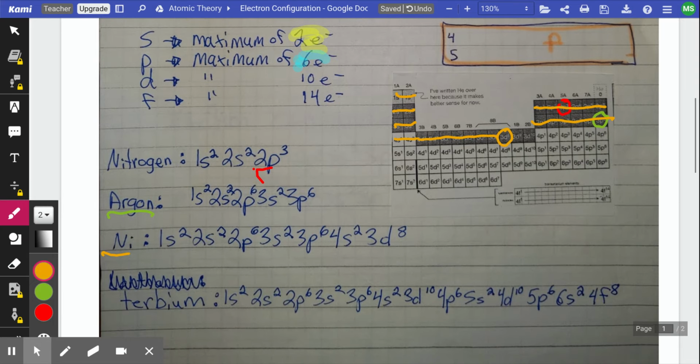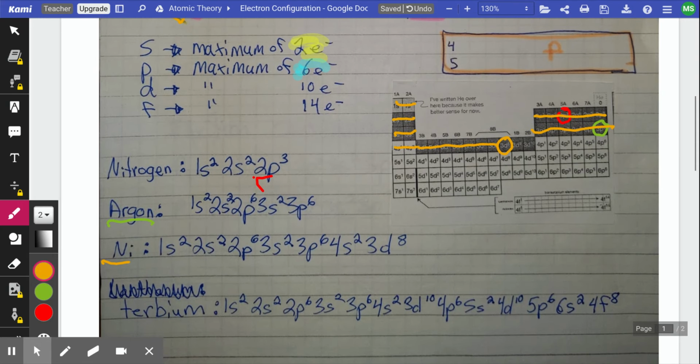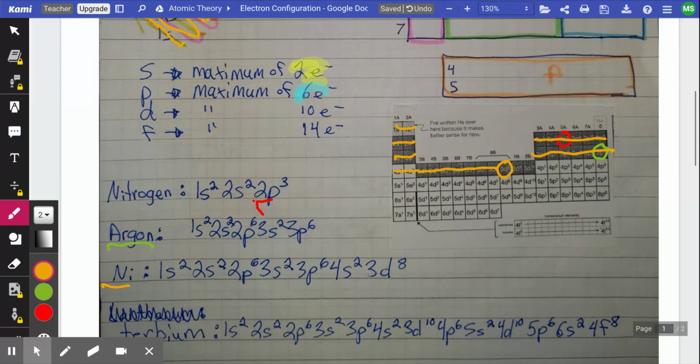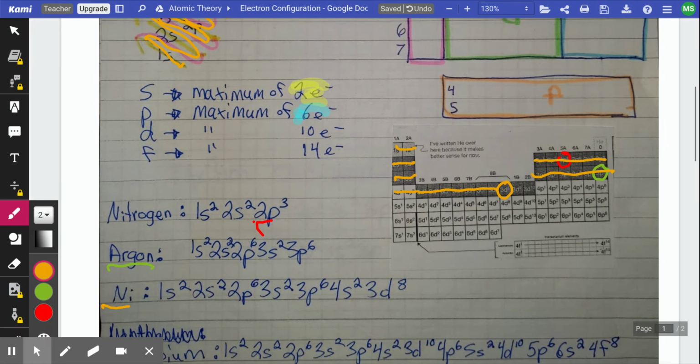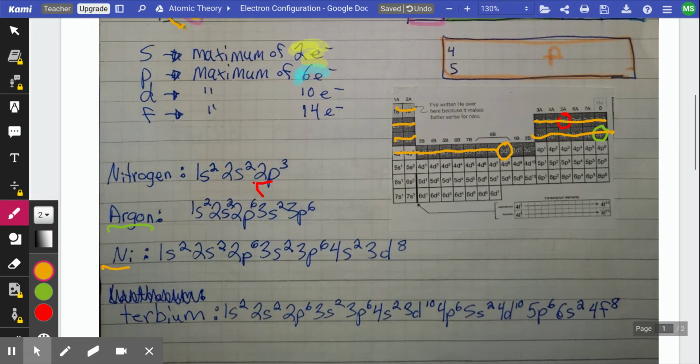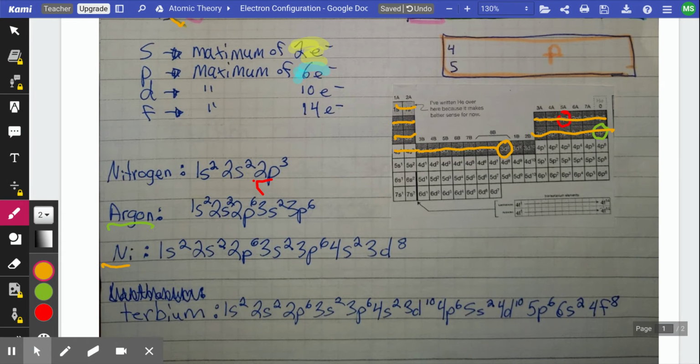And then I gave a really long one here, terbium. This one is pretty complex because I want you to notice that when we start dealing with the F block, there's a lot of overlap happening. So we fill 5p before 6s and then before 4f8.